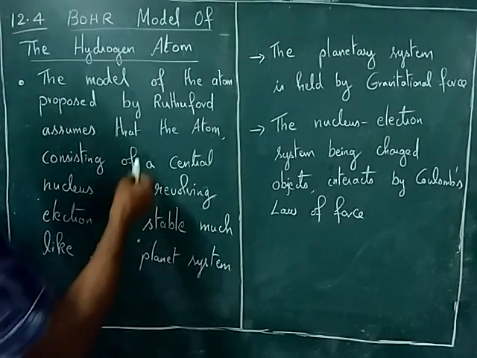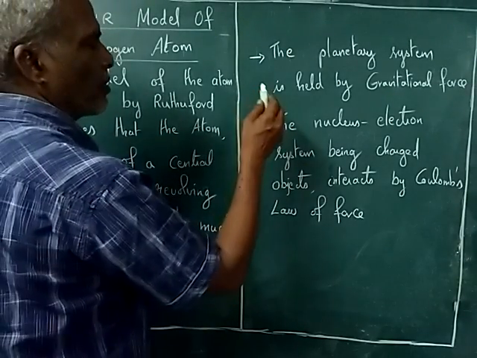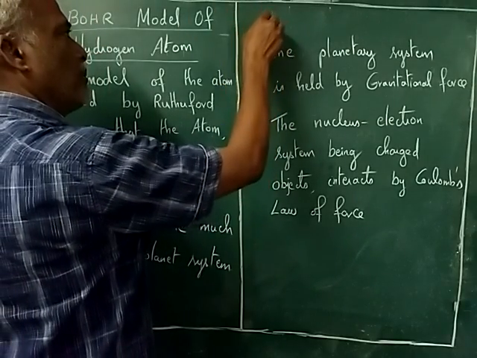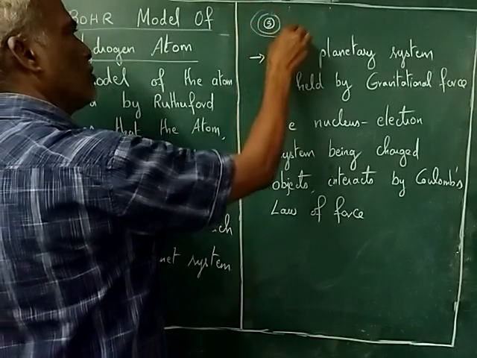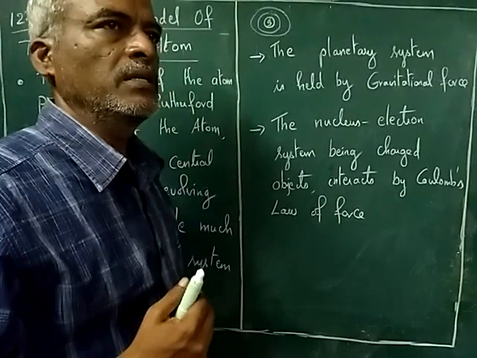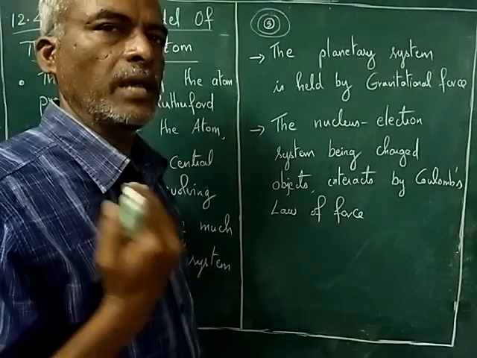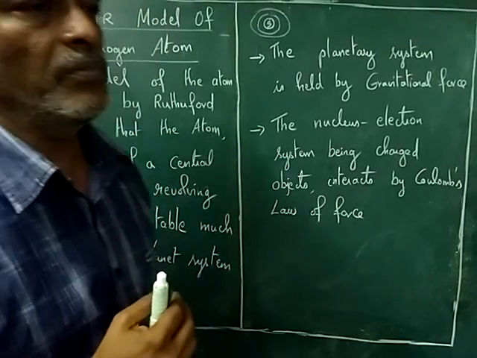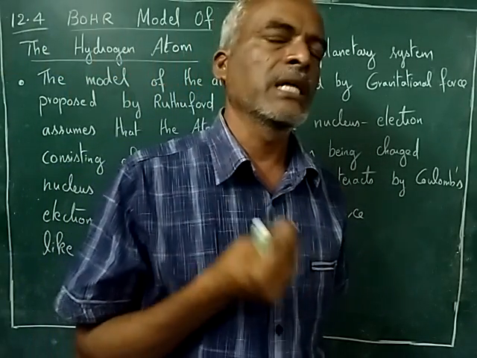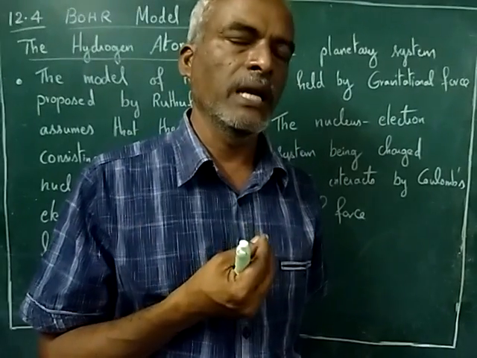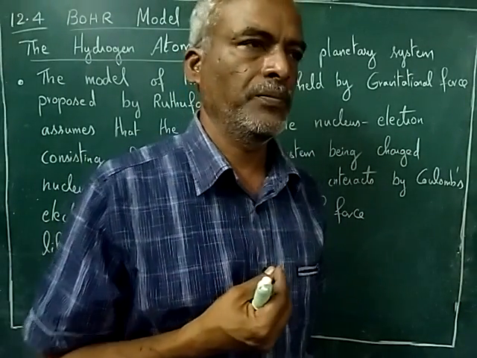So according to Rutherford's model, we have the Sun at the center and the planets revolving around the Sun, and all the planets execute a stable motion around the Sun. Similarly, an atom contains a nucleus, the electrons are revolving, and the electrons are stable.